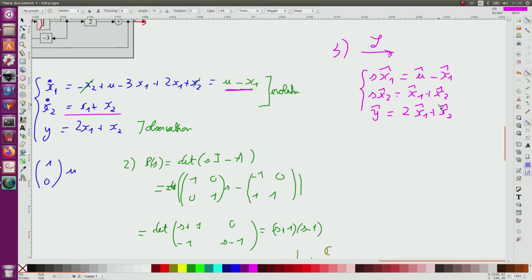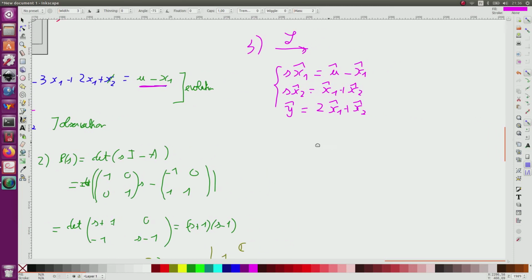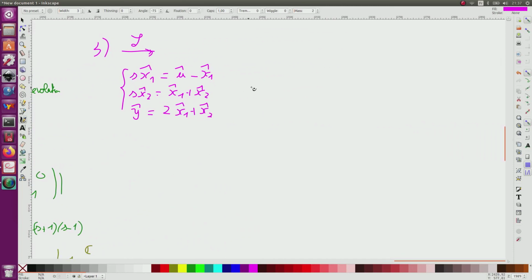As a consequence, I can isolate things here. Recall that to have the transfer function, I have to express y hat with respect to u hat. The first is quite easy because x2 is not involved in the first equation. So I can quickly isolate x1. So x hat 1 is equal to u hat divided by s plus 1.